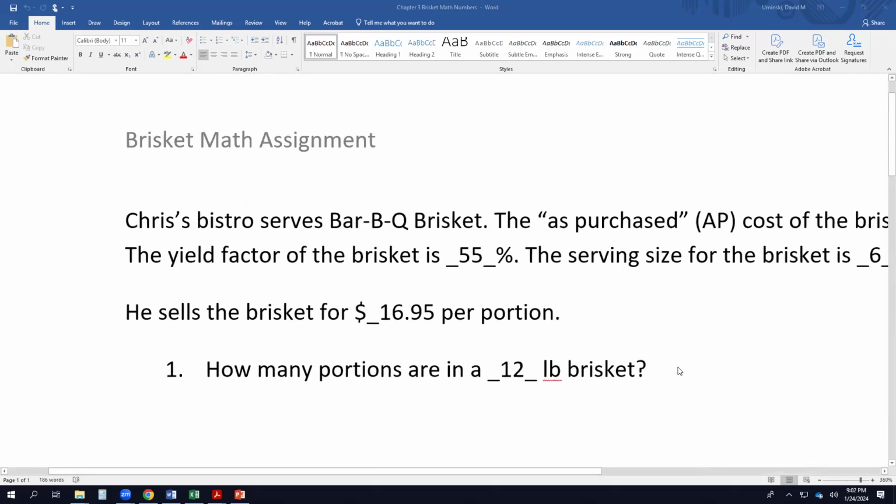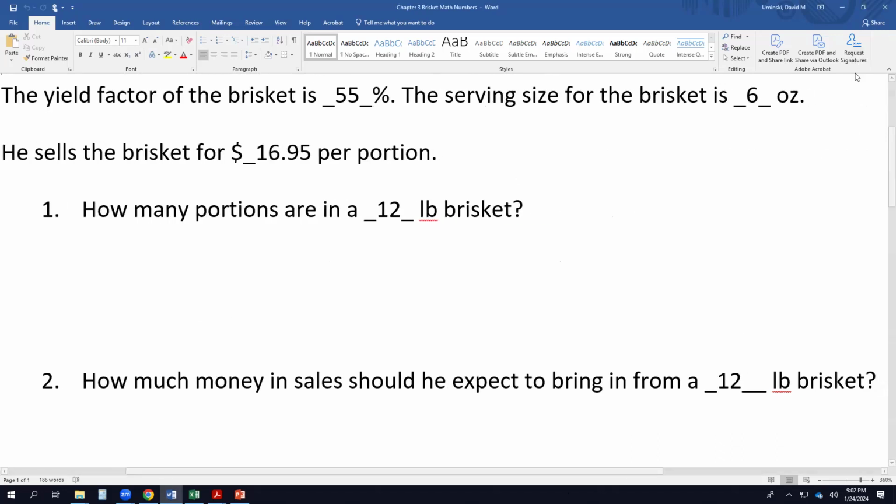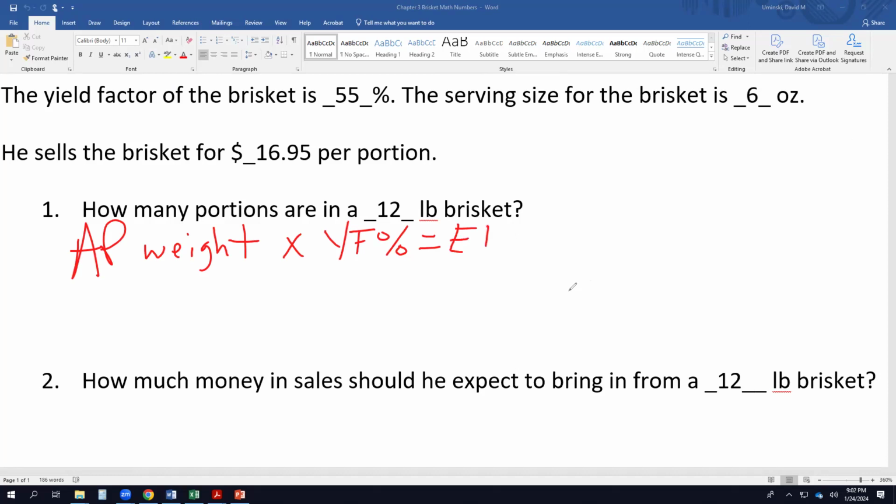We're looking for the AP weight, and I'm going to multiply by the yield factor percentage. The AP weight times the yield factor percentage is going to give me my edible portion.